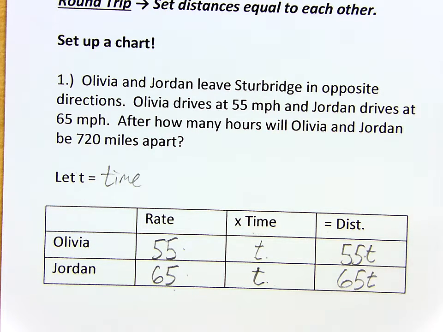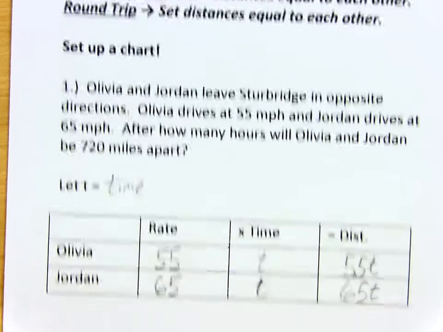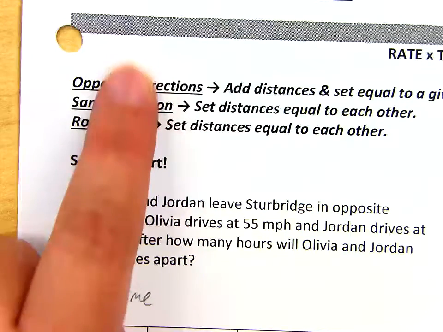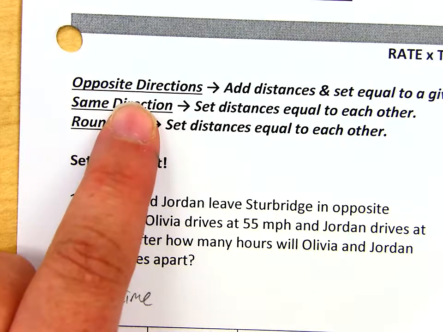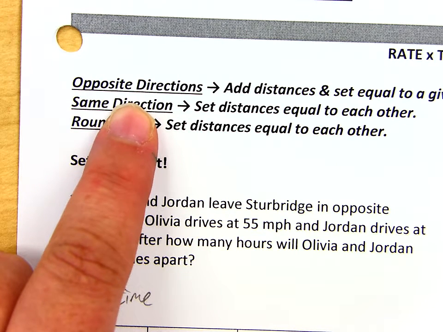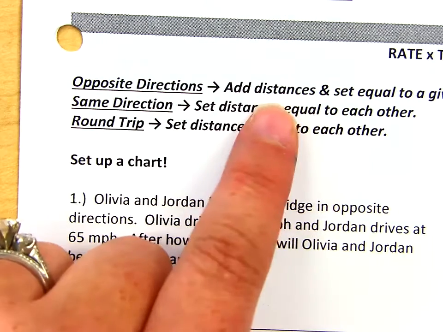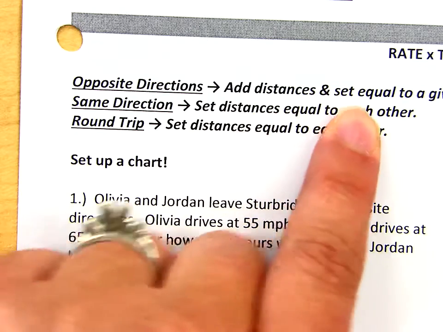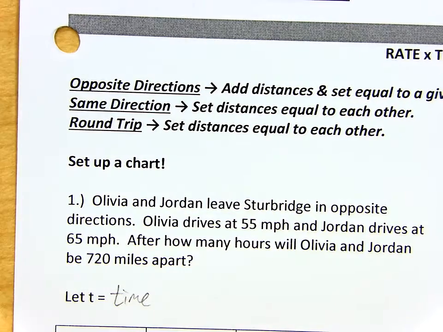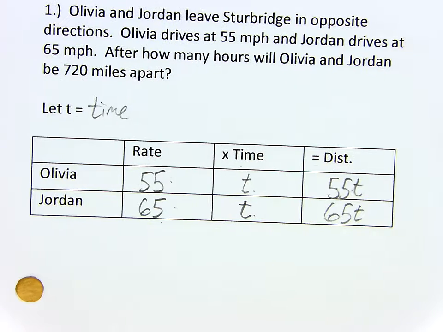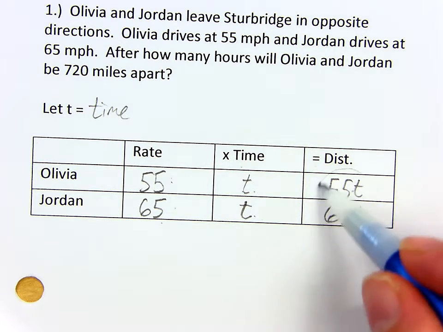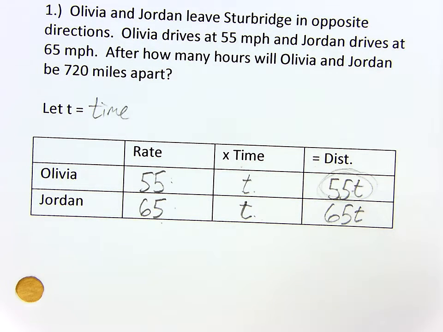Here's where it now matters which of these I have. Do I have two people traveling in opposite directions? Yes, I do. So it tells me right here, add distances and set equal to a given distance. So the distance that Olivia went is right here. She went 55t.